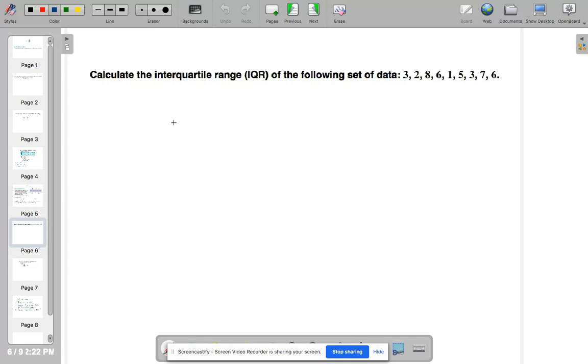So now we have to calculate the interquartile range. First thing we do with these questions is to put the data in order. So I'm now going to order the data. So we've got 1. We've got 2. We've got 2 lots of 3.